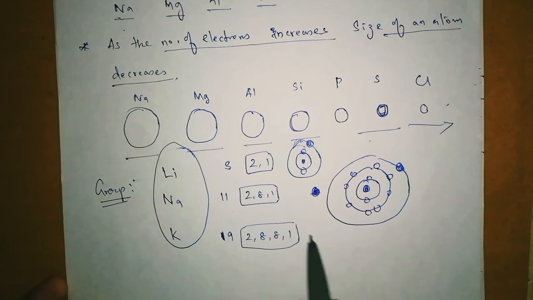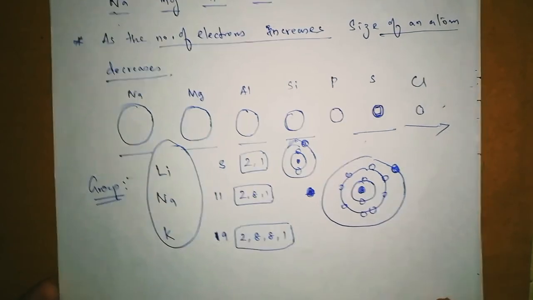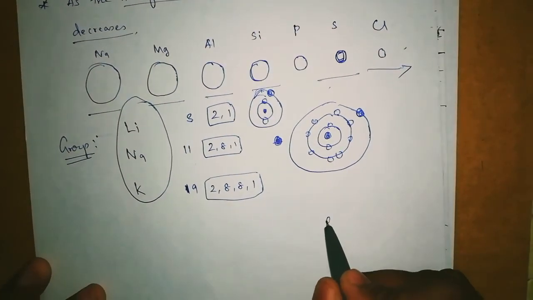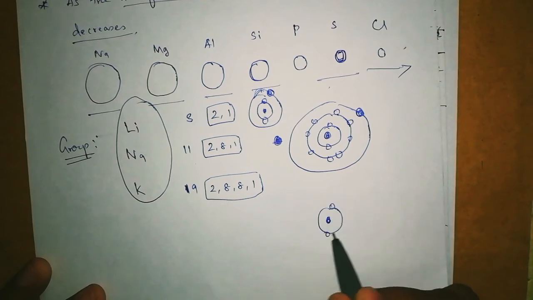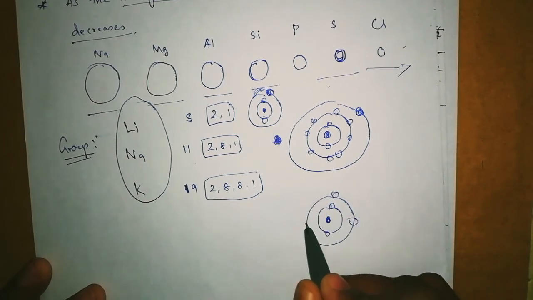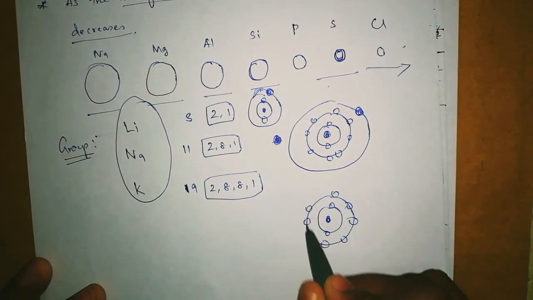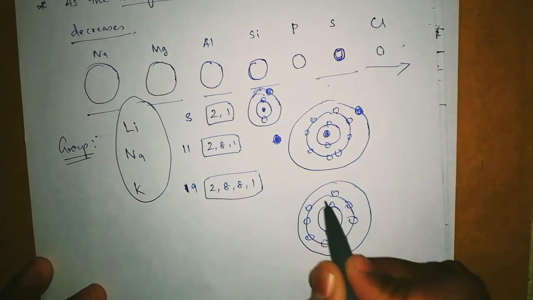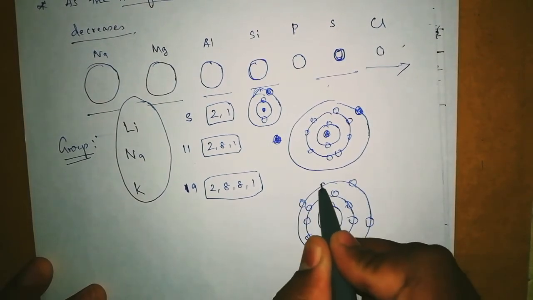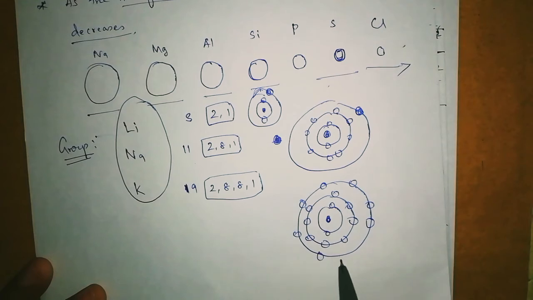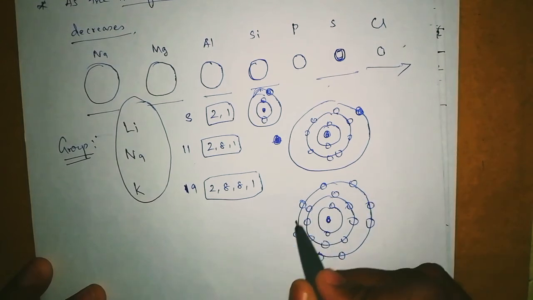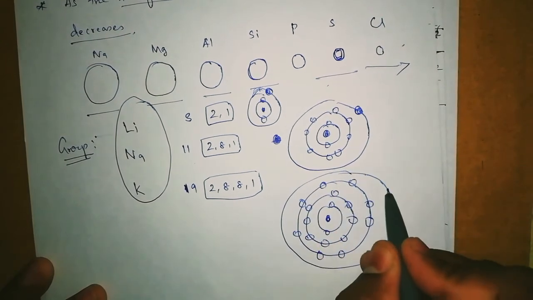This is the electronic configuration. So how to draw the structure of this? First shell 2 electrons, second shell 8 electrons, and then the third shell another 8 electrons, and the last shell 1 electron, right?